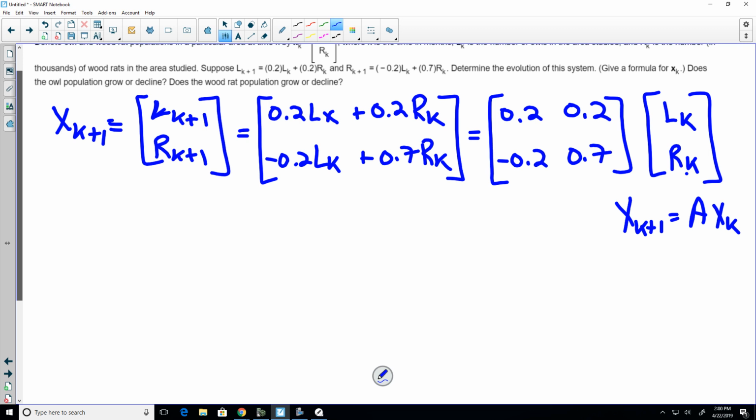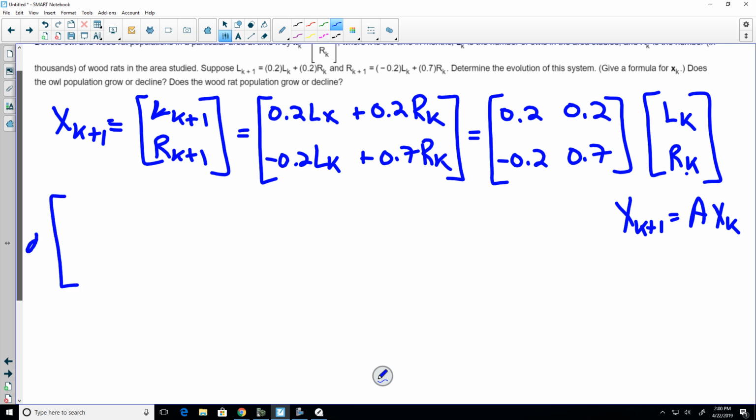When you find eigenvalues, you don't need to do anything to A first. It's tempting to multiply these by 10, right? And then find the eigenvalues. Don't do it. You have to just leave it alone and find the eigenvalues just the way it is, okay?